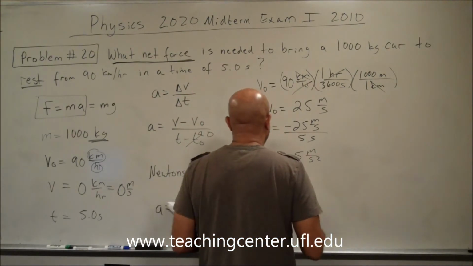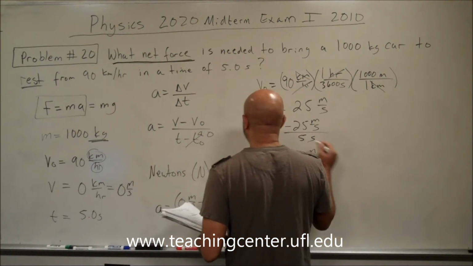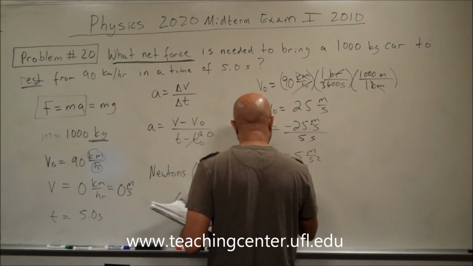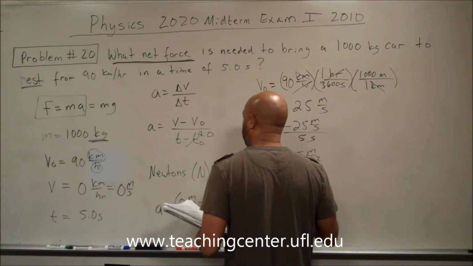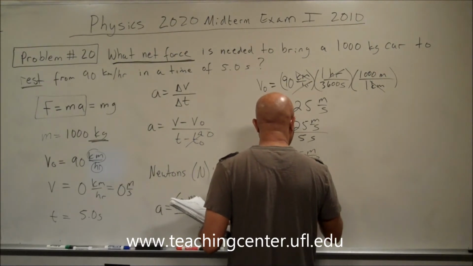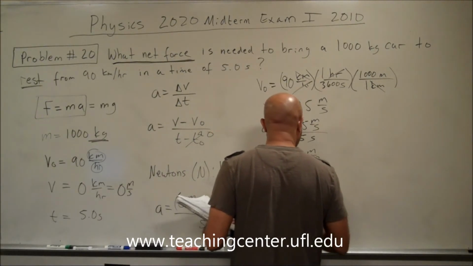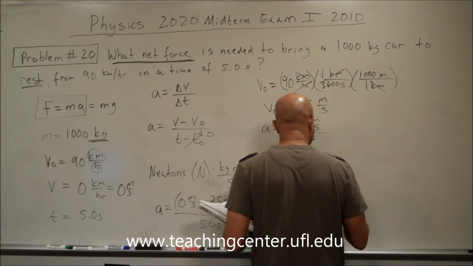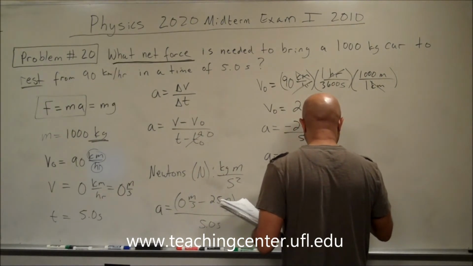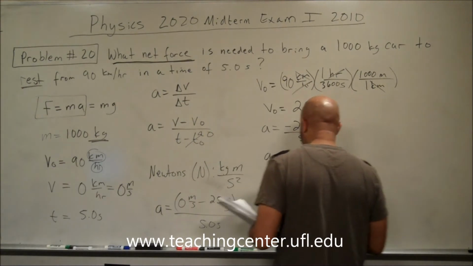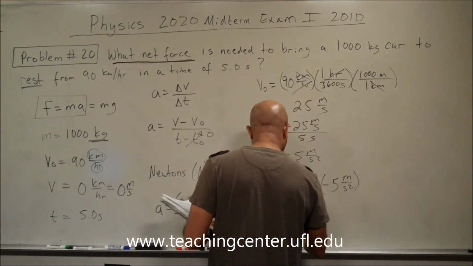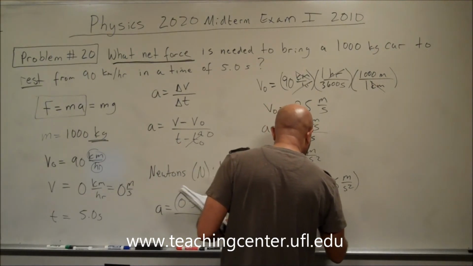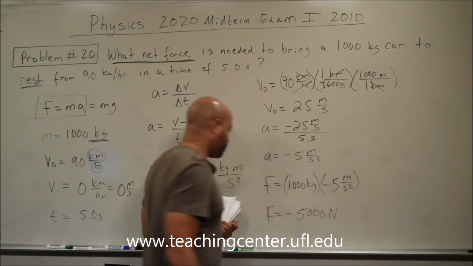Okay, so now we know the mass and we know the acceleration, we can find the force. That's defined as the mass, which is 1,000 kilograms, multiplied by minus 5 meters per second squared. So the force is equal to negative 5,000 newtons.